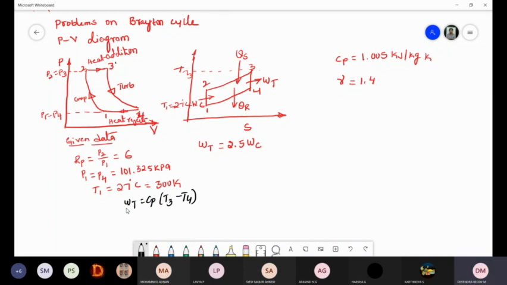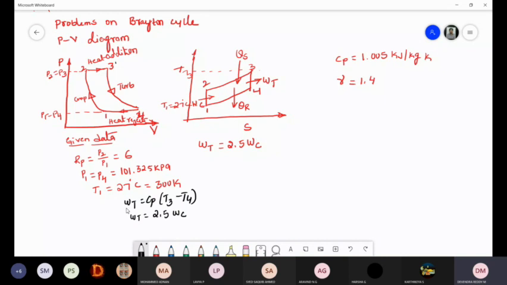Am I right? And by given data, WT is equal to 2.5 times the compressor work.